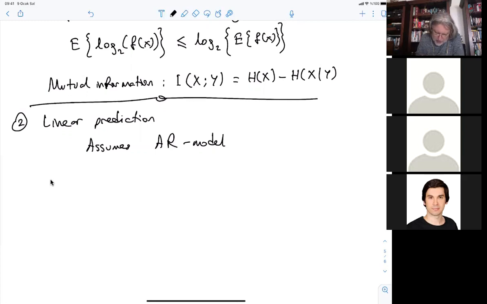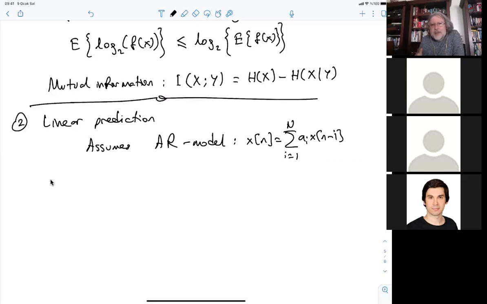So the AR model is this: x of n is assumed to be modeled as a summation, let's say from i equals 1 to N, a linear combination, a_i x of n minus i.